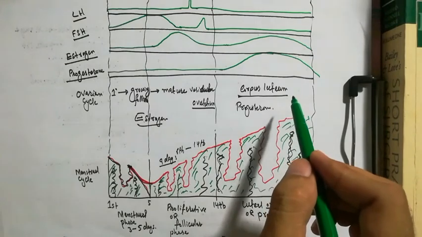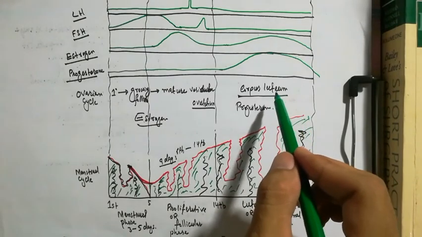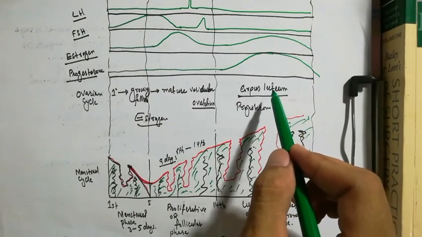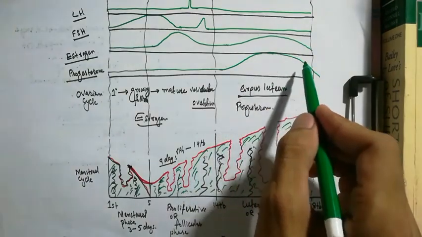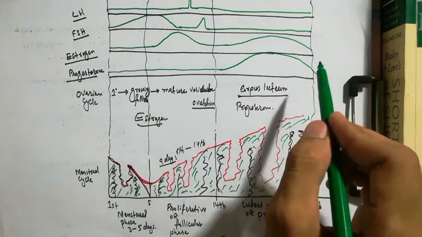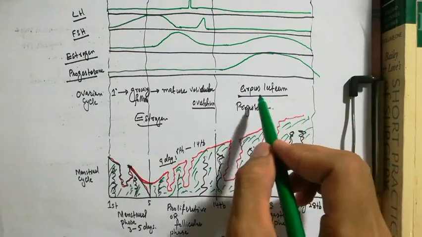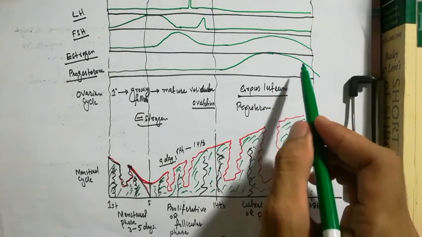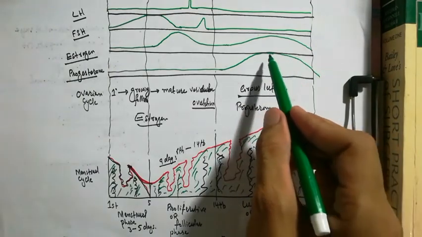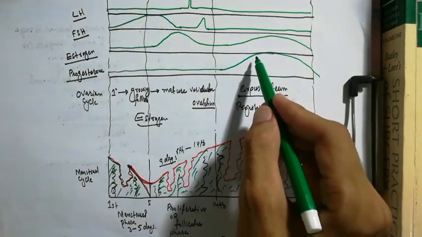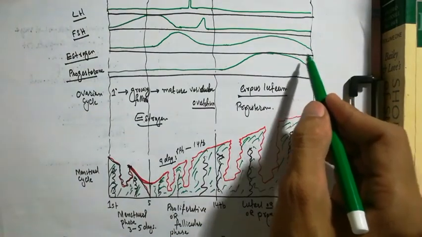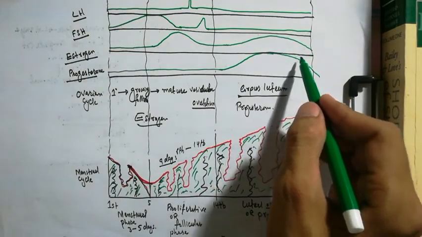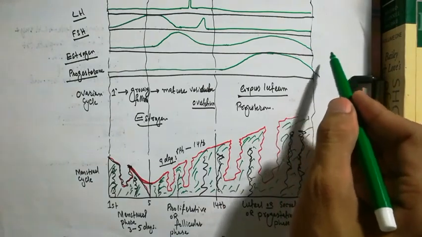So if fertilization does not occur and the corpus luteum is degenerated, further high concentration of progesterone is not secreted, and this type of graph is produced. But if fertilization occurs and the corpus luteum is not degenerated, then this type of graph does not occur. Then the concentration of progesterone remains elevated, and persistently the concentration of progesterone will be increasing.